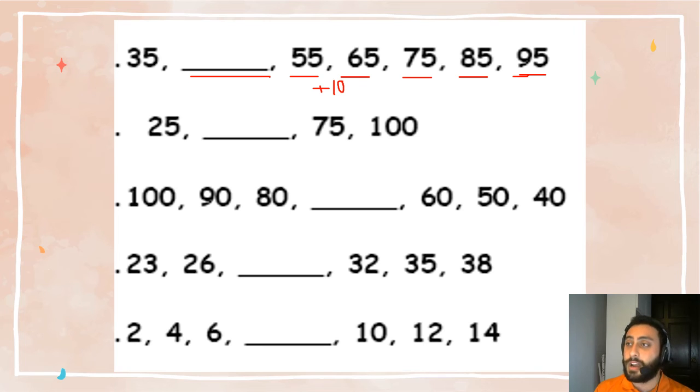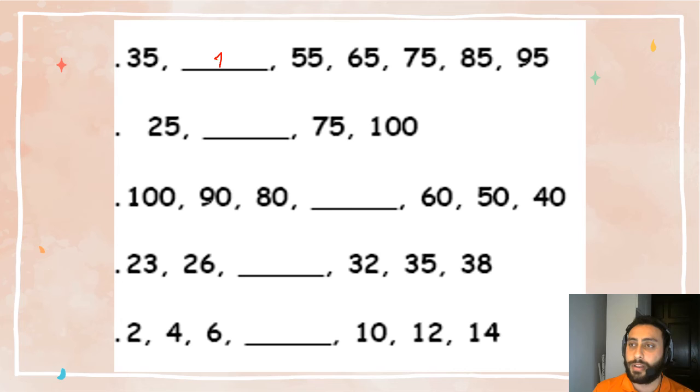And 65 to 75 is plus 10 again. So we know that if we want to find this one, we have to say 35 plus 10, which is 45. Easy.